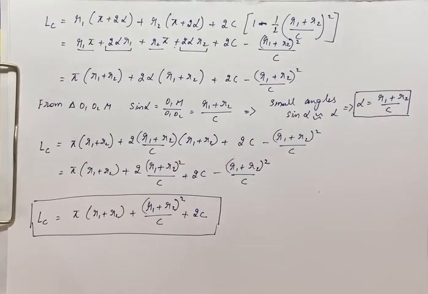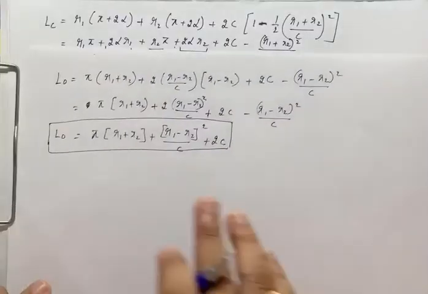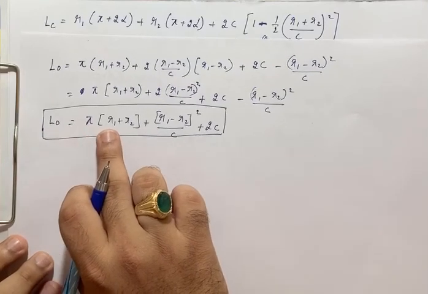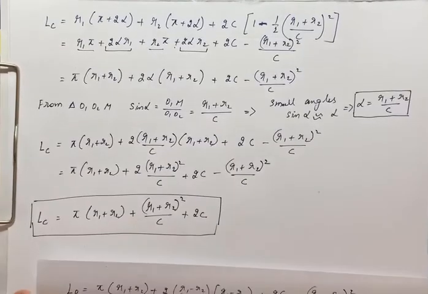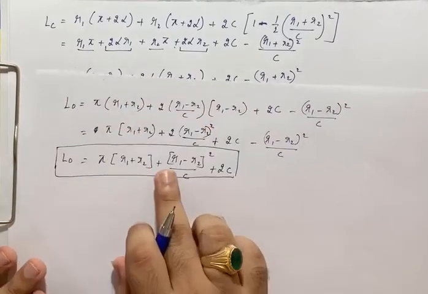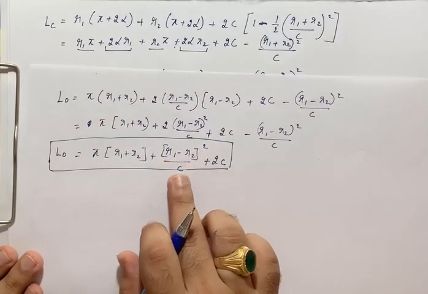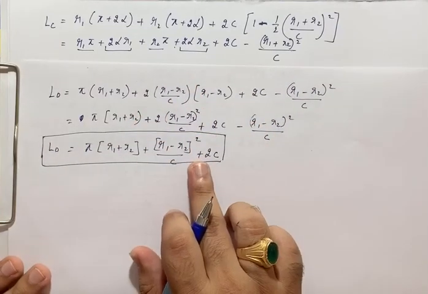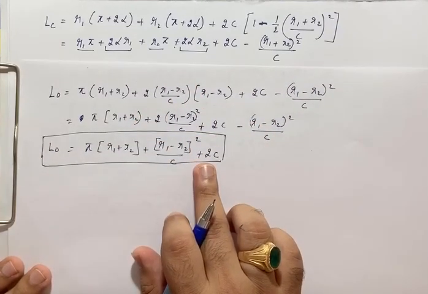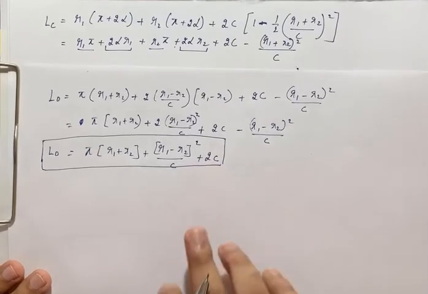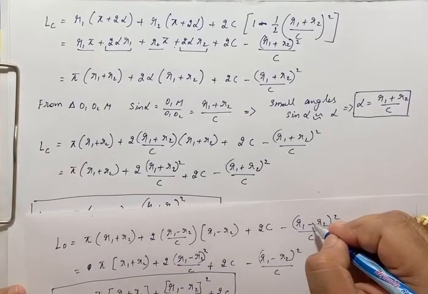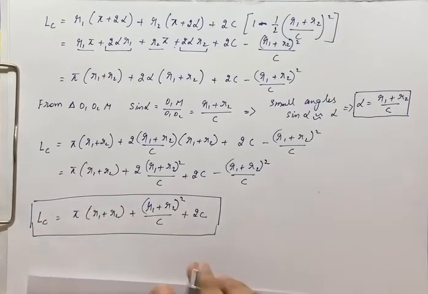Now what do we have as the length of an open belt drive? In the earlier equation, LO is the length of an open belt drive, that is pi into R1 plus R2 plus R1 minus R2 whole square by C plus 2C. Sorry, we may have made a mistake, I think. Yeah, this is R1, it is correct.